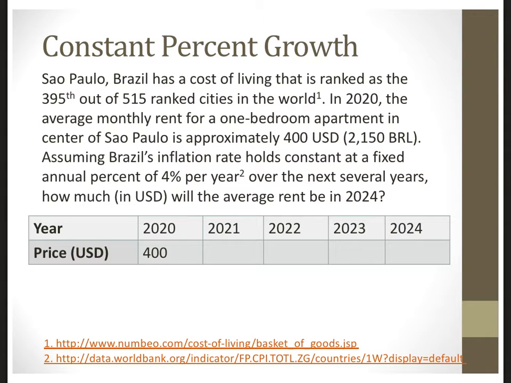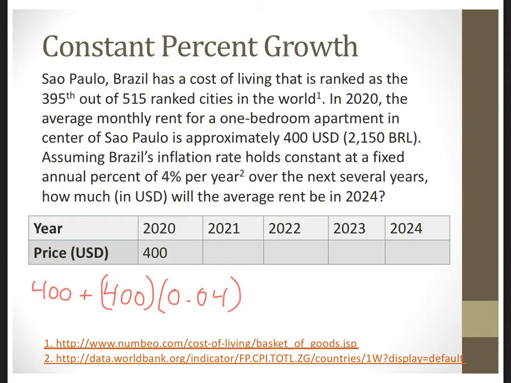So for example, I could take my $400 of rent, that's my current rent, and then add to it the increase. Well, according to this description, rent is going to go up by 4%.